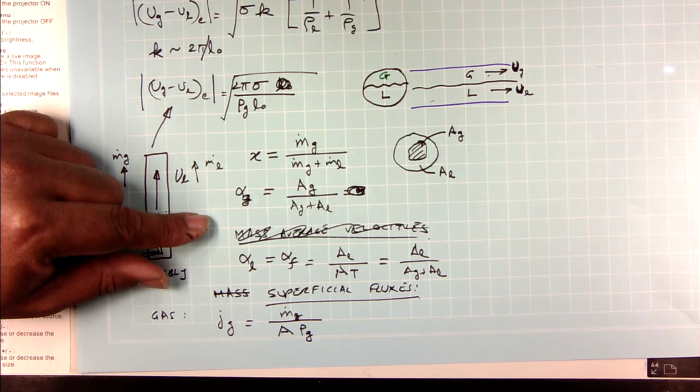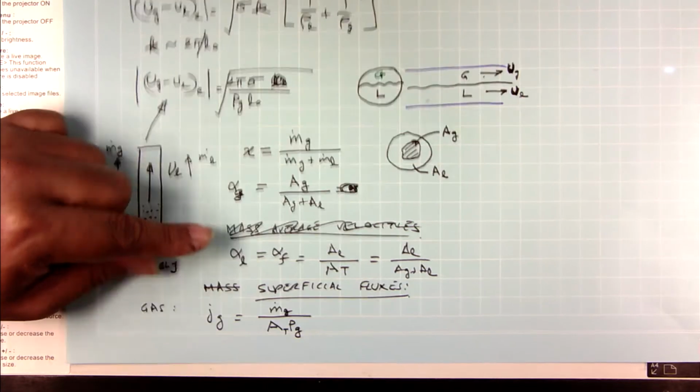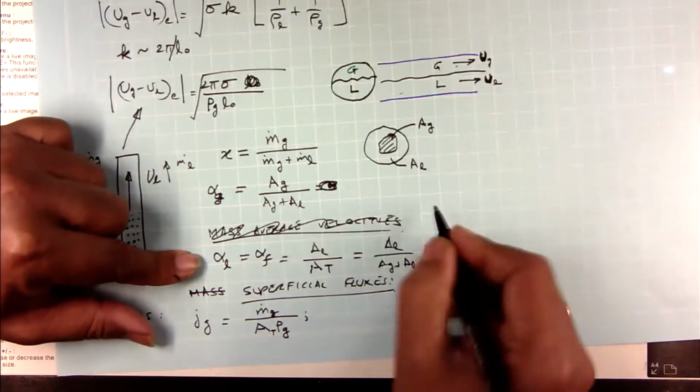So that gives you an average sense of the velocity of the vapor, as if all of the vapor were to flow through the whole cross section of the pipe. This A is the total A.